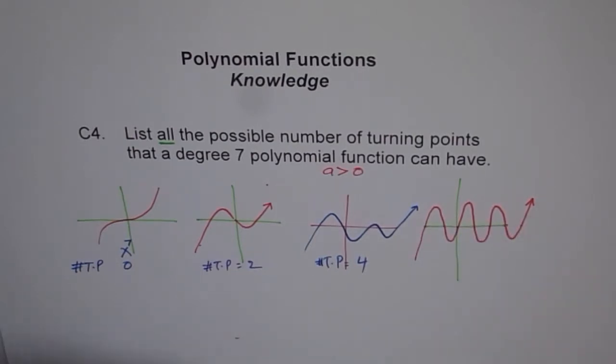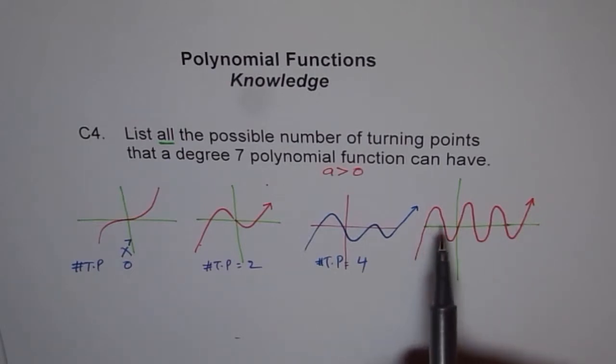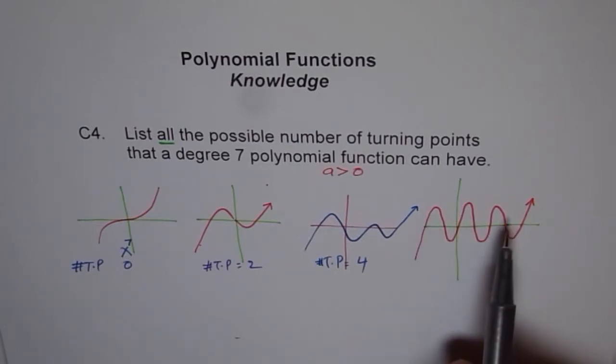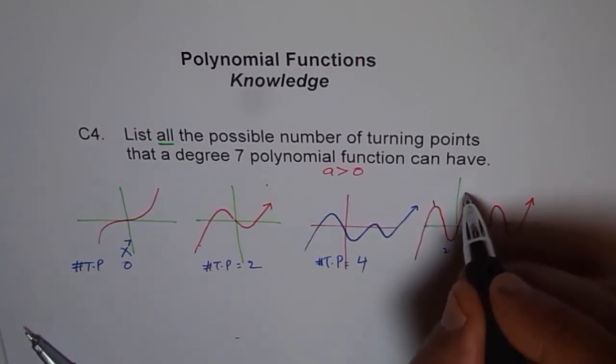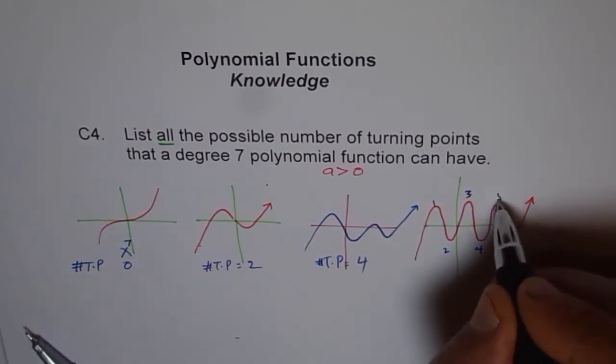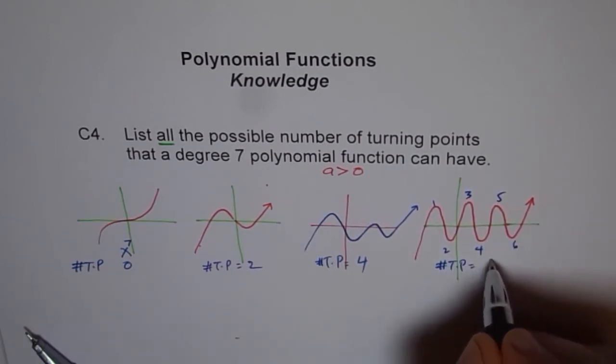So we are on the limit. 7 linear factors will give degree of 7. Perfect. We cannot have more than that, and that's the maximum number of turns. Let's count them. 1, 2, 3, 4, 5, 6. So the number of turning points here is 6.